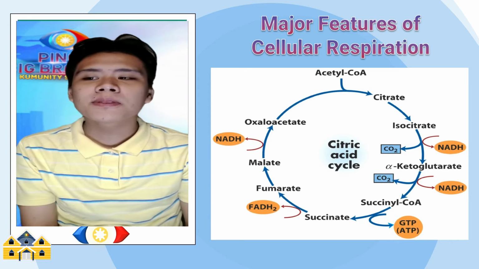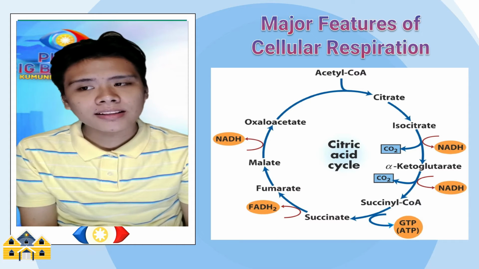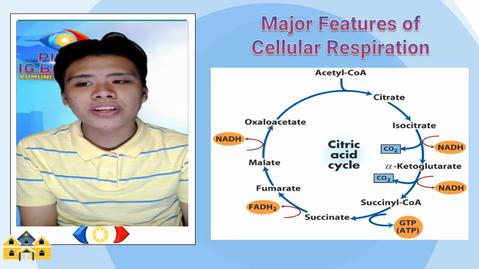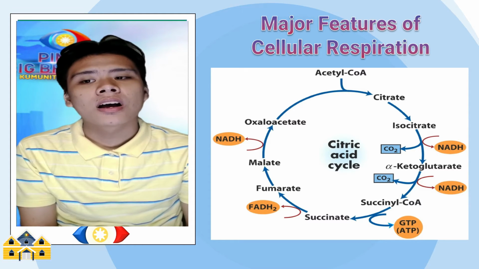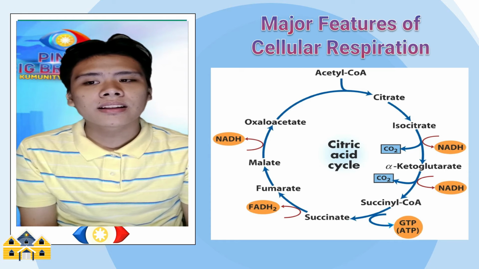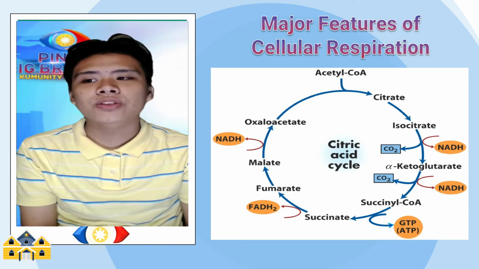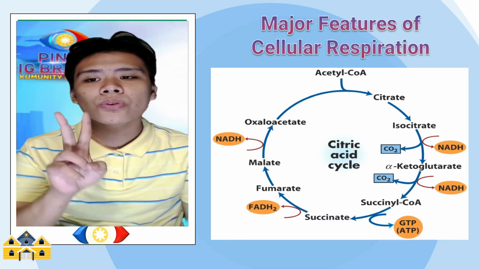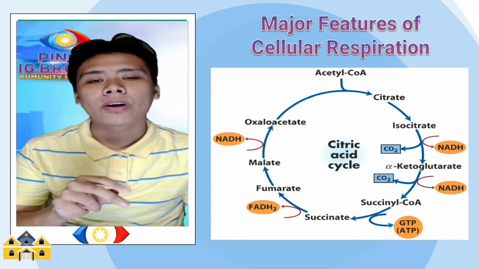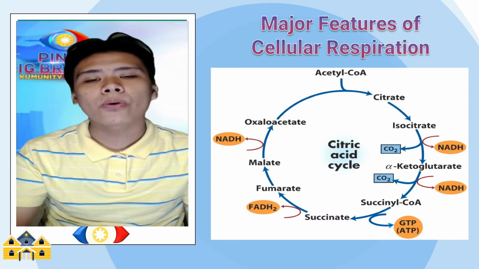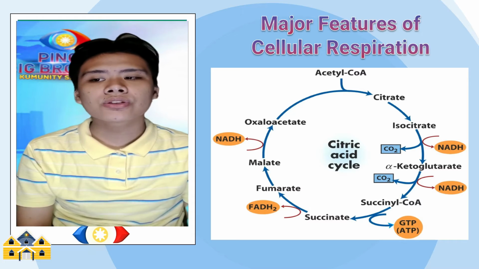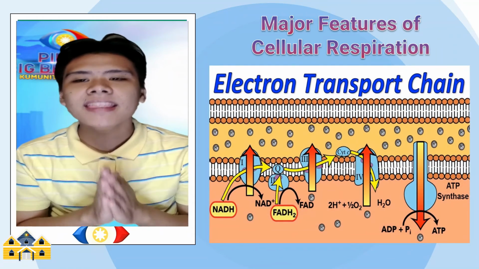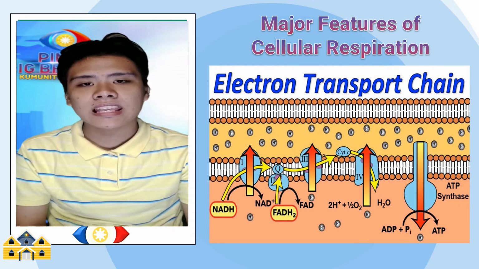Second, Krebs cycle. This cycle harnesses the available chemical energy of acetyl-CoA, or acetyl coenzyme A, into reducing power of NADH. It produces two carbon dioxide molecules and one GTP or ATP and reduced forms of NADH and FADH2.